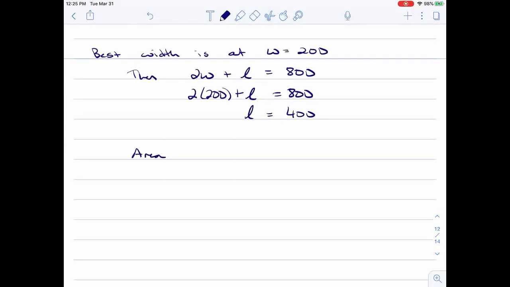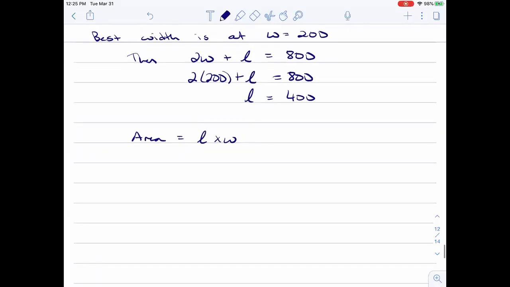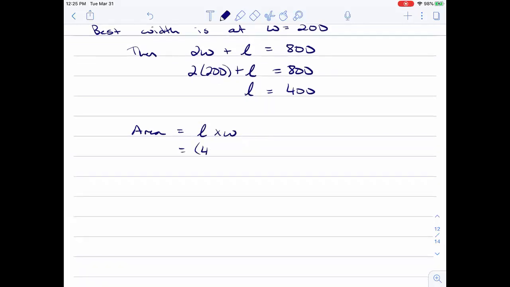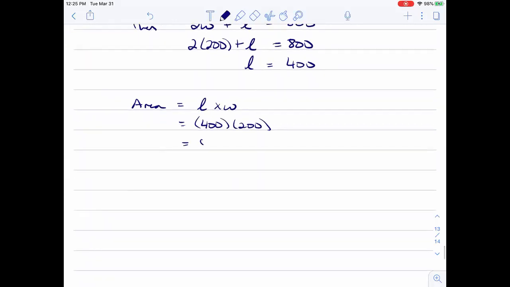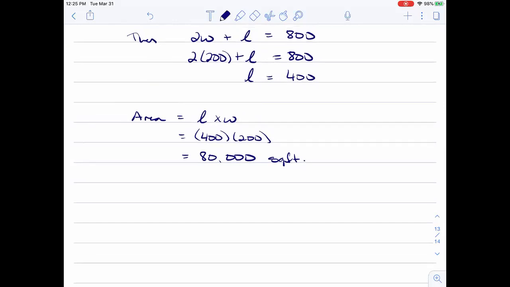And again, we're going to land at the area, L times W, or W times L if you prefer. 400 times 200 is 80,000 square feet. Nice. So that's the end of that example.